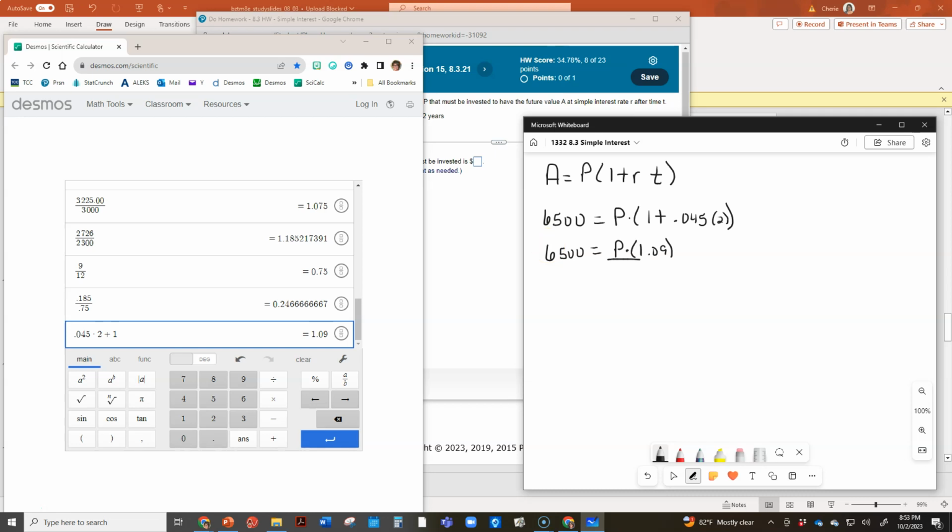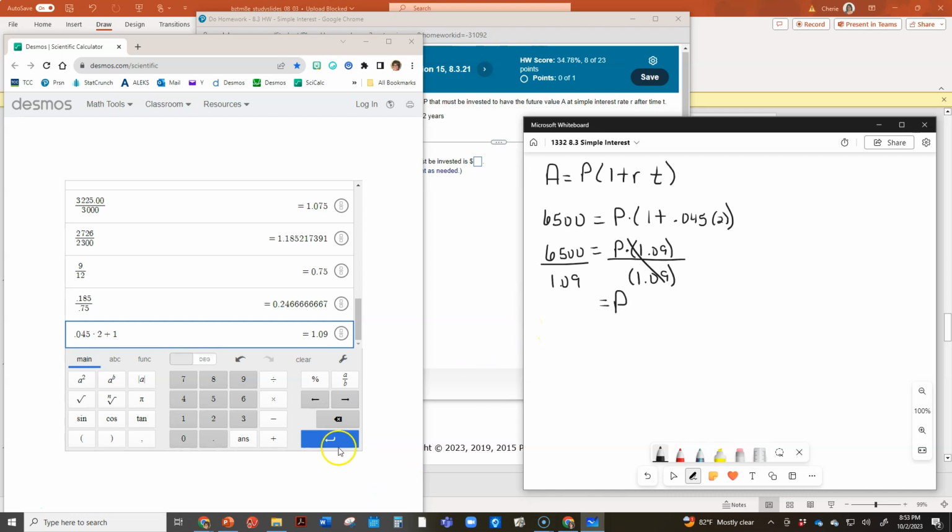Now that P is being multiplied, what undoes multiplication? Division. So we divide by whatever is with our P so that we can get our P isolated. When we have common factors on top and bottom, it divides out and leaves us 1P, which is what we want.